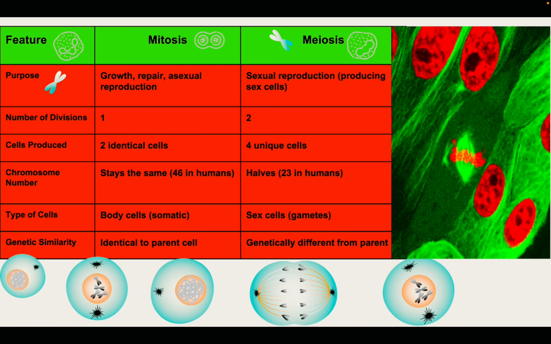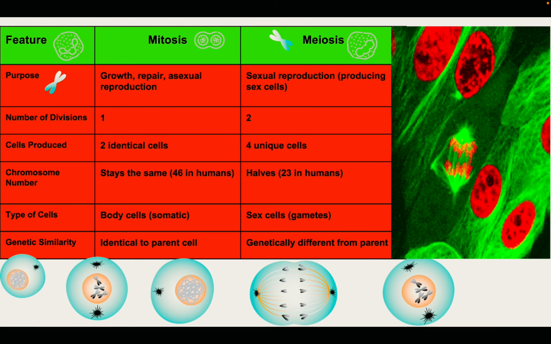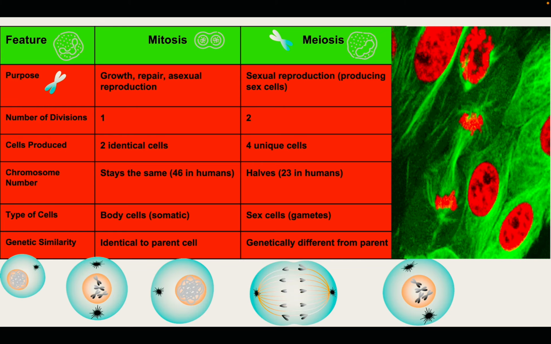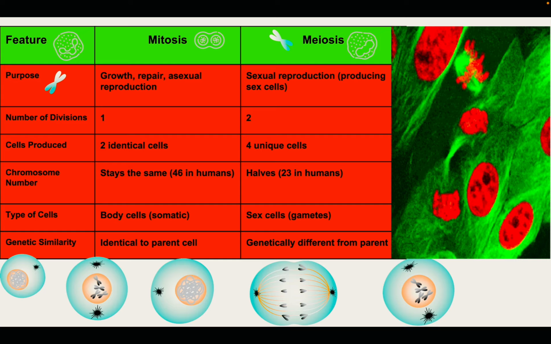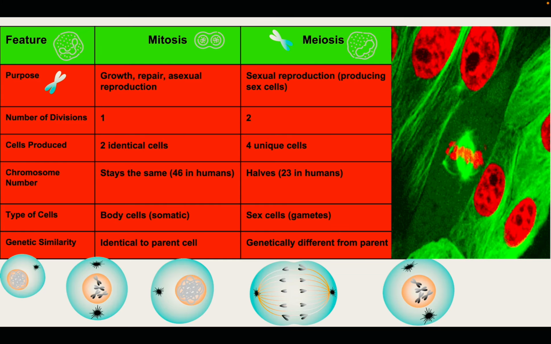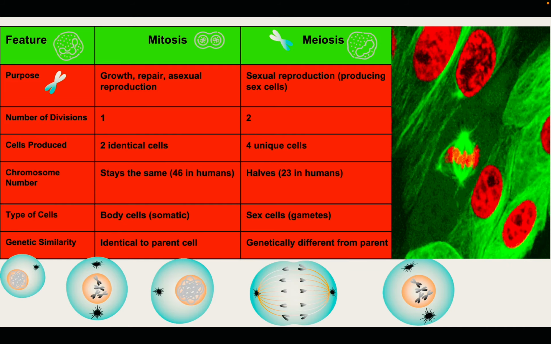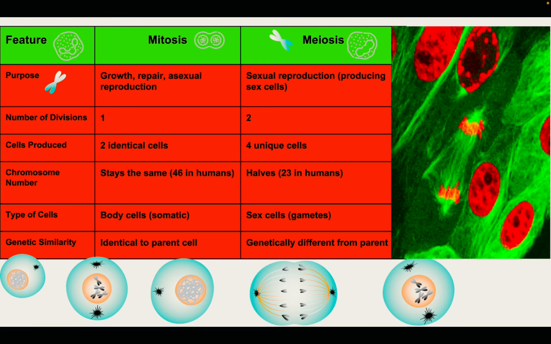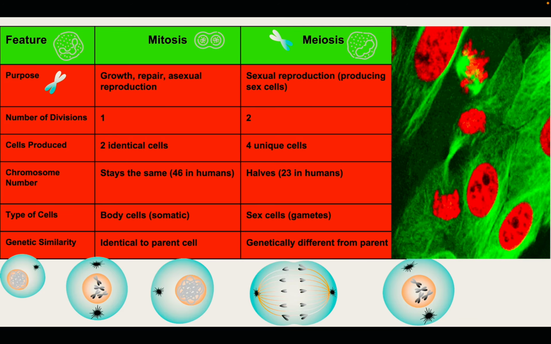So we're gonna go through a basic overview so we have a good understanding of the differences. Mitosis is for growth, repair, and asexual reproduction, while meiosis is for sexual reproduction and creating diversity. In terms of divisions, there's only one for mitosis, but two for meiosis.